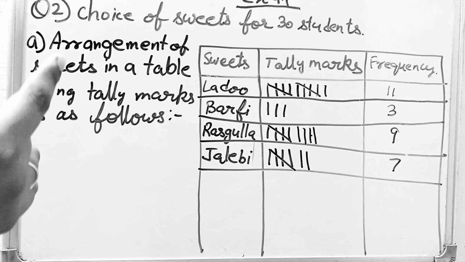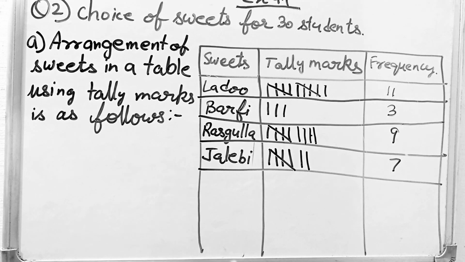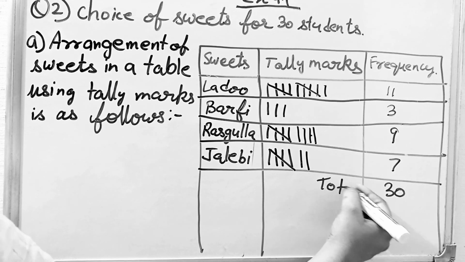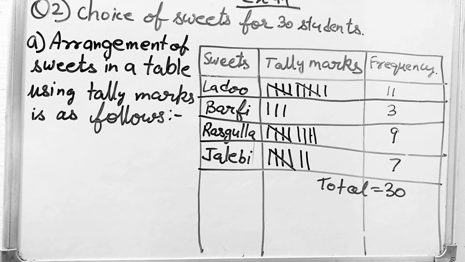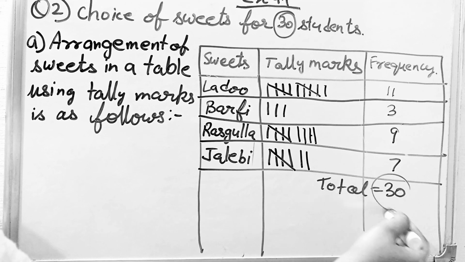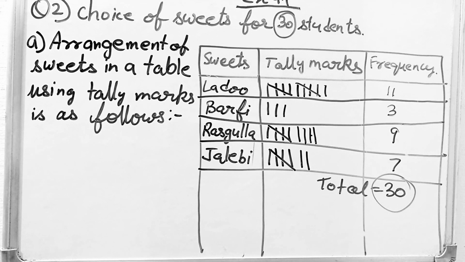So this is 11 plus 9, 20, 27 and 3 it is 30. So the total is 30, and we can see the choice was given by 30 students and the sum of frequency is also 30. That means we didn't miss any data. The table is prepared correctly. And this is the solution for the first part.